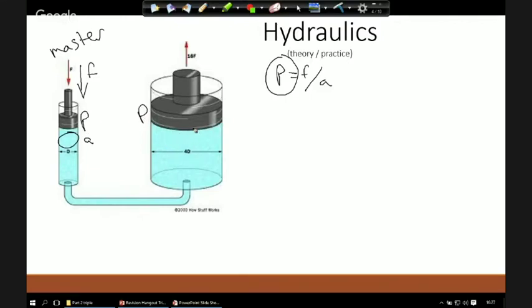But what's different? My area here is much bigger. If my area is bigger, in order to keep the pressure the same, my force also has to become bigger for this statement to still be true. So I apply a force over a small area, and a bigger force will be applied over a bigger area, all because my pressure is constant inside a hydraulic system.